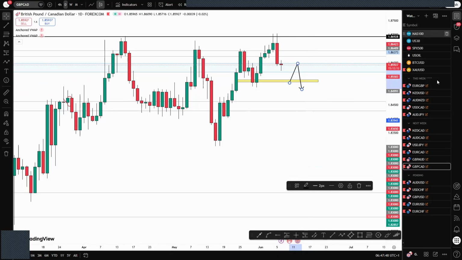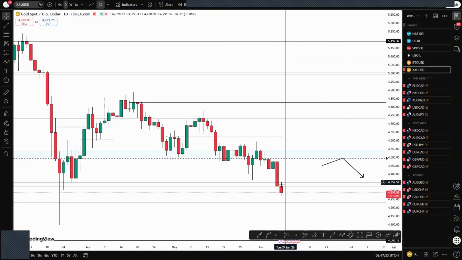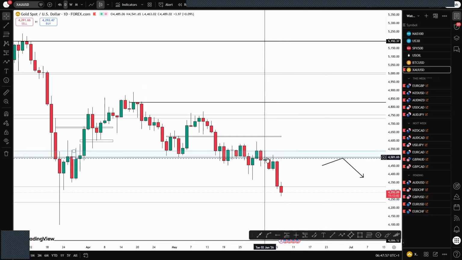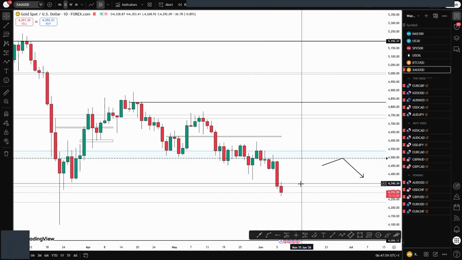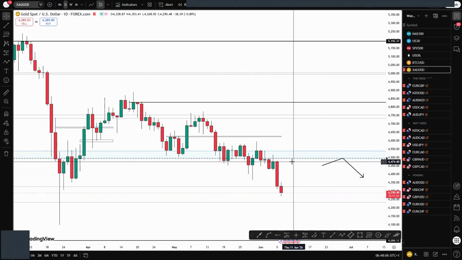Okay. ZAR USD, we're still making a new lower low. But the weekly changed bearish, so we are now looking for sales for now, back at this point.